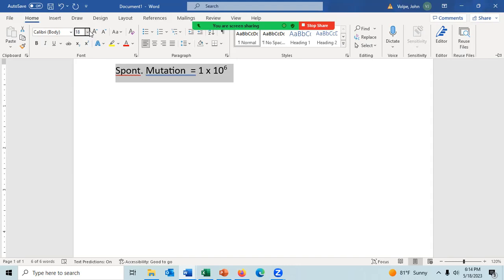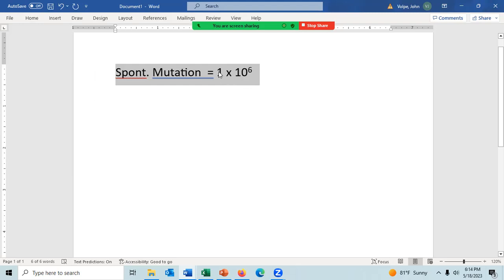So spontaneous mutation, you get one nucleotide changing in 10 to the 6 genes. Okay?